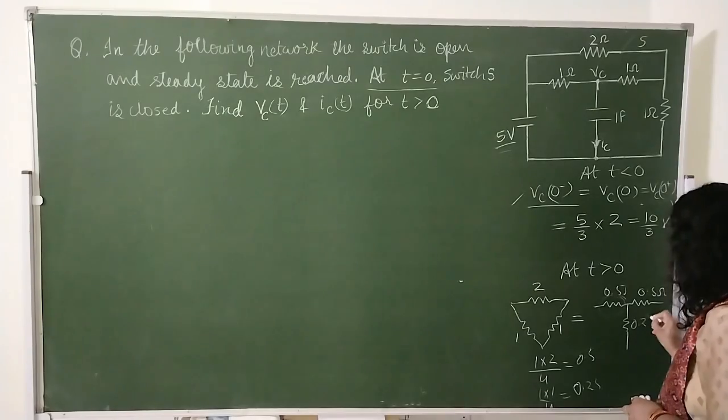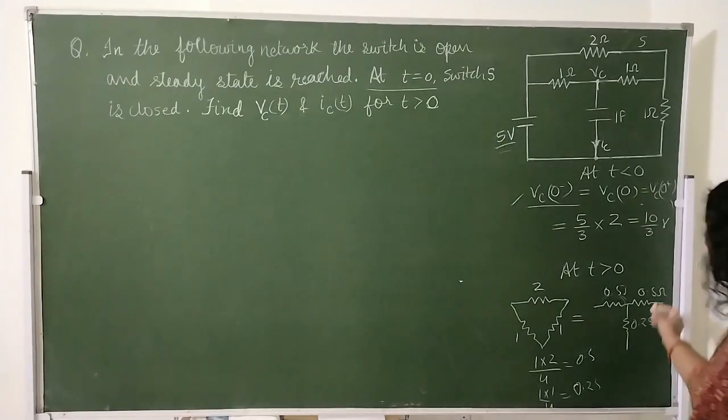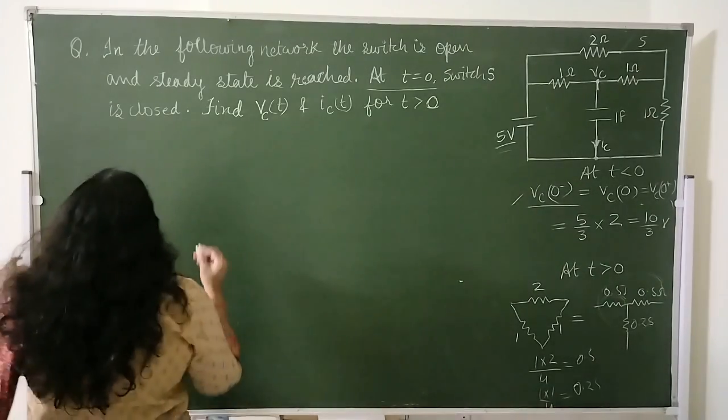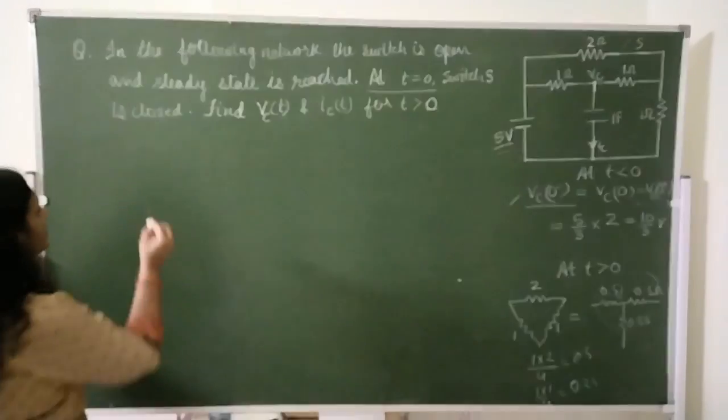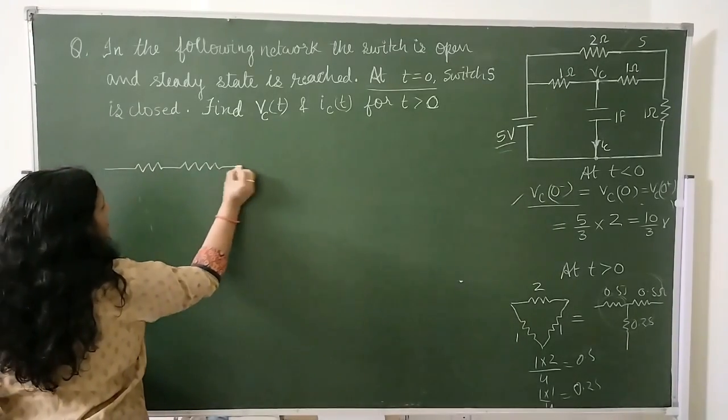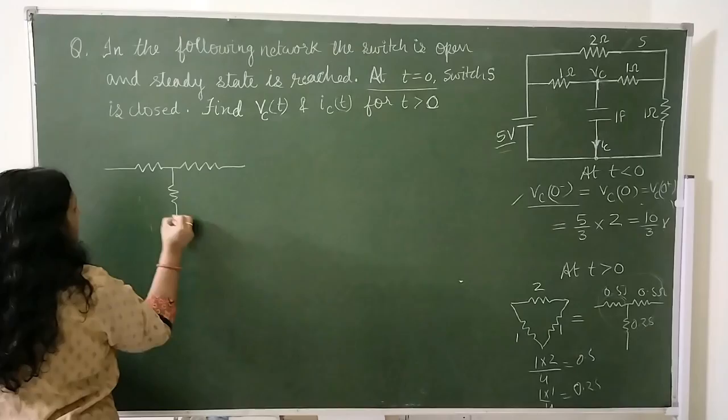So our transformed circuit will look like this. This is one resistance, another resistance and a third resistance.